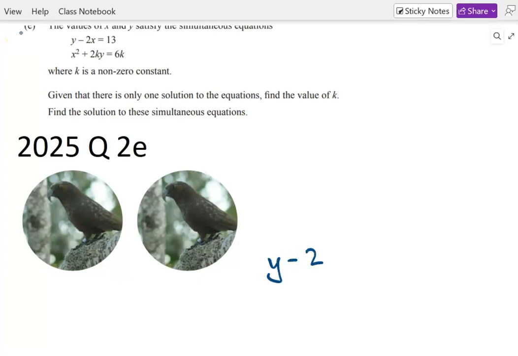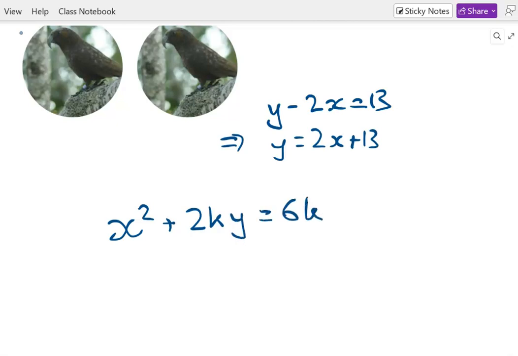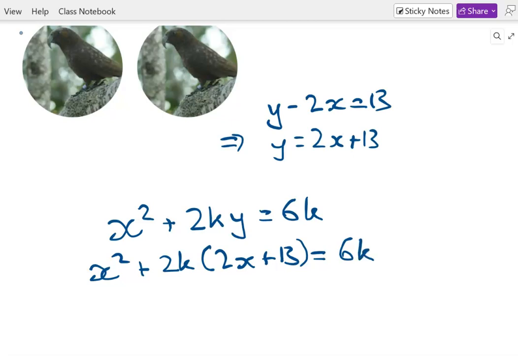So y minus 2x equals 13 means that y equals 2x plus 13. And in my second equation, we have x squared plus 2ky is equal to 6k. So x squared plus 2k times (2x plus 13) is equal to 6k.